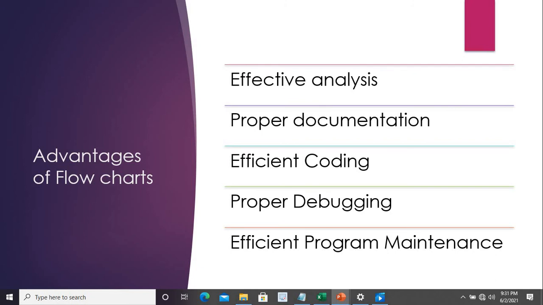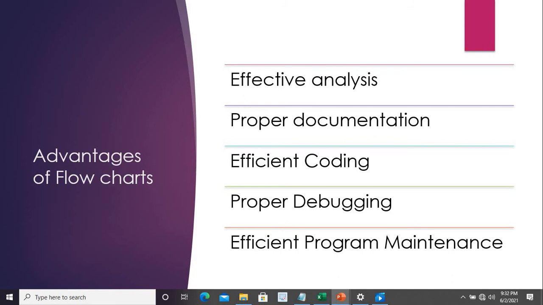As we discussed in previous classes, it is easy to first develop the algorithm, the flowchart, and then the program. Especially for beginners, developing the flowchart will help them to design or develop the program.